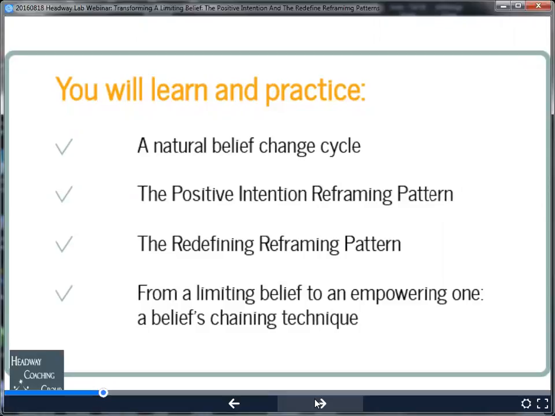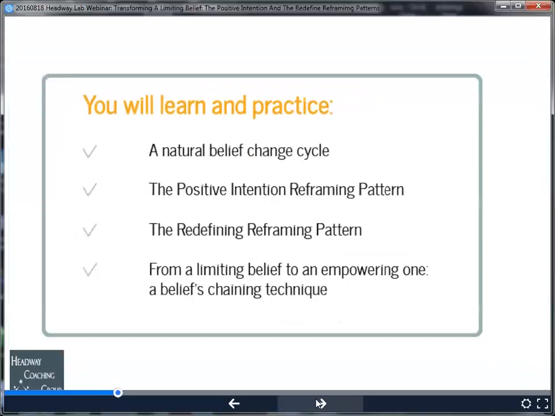So we will be covering intention and the redefining pattern, and we will be completing the four-step chaining technique, which you could implement in order to shift a current belief to the new, desired belief of your client. That's it. So let's move.